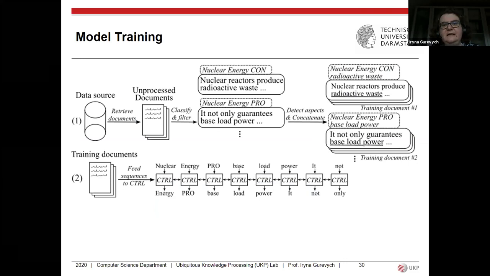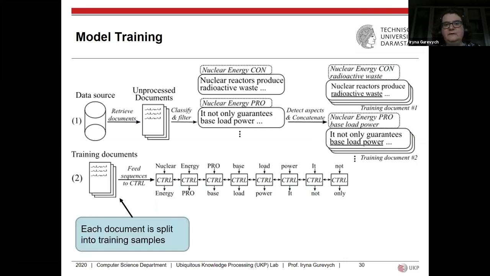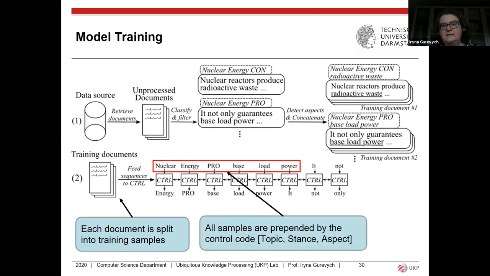Next, the document texts are split by the maximum sample length, and each sample is prepended by the control code, that is the topic, the stance, and the aspect. In the shown sample, this would be nuclear energy as the topic, pro as the stance, and base load power as the aspect.